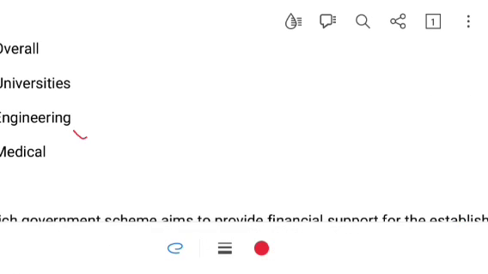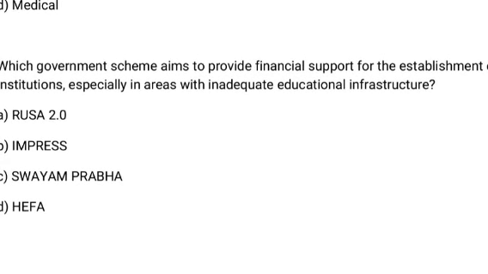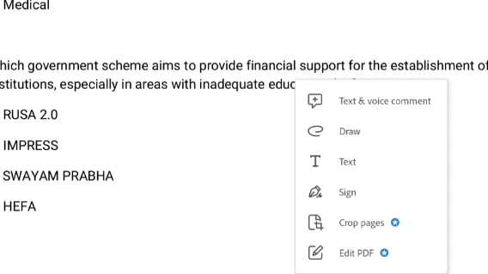That is C. Next, which government scheme aims to provide financial support for the establishment of new institutions, especially in areas with inadequate educational infrastructure? RUSA 2.0, IMPRESS, Swayam Prabha, HEFA. If you see any abbreviation, it must have a full form, so try to find it out. So it will be RUSA 2.0. Number A will be correct.